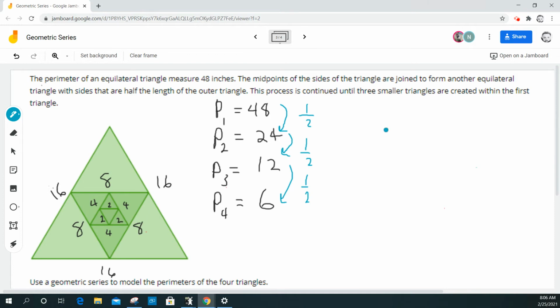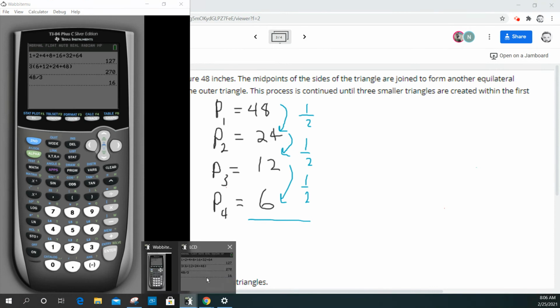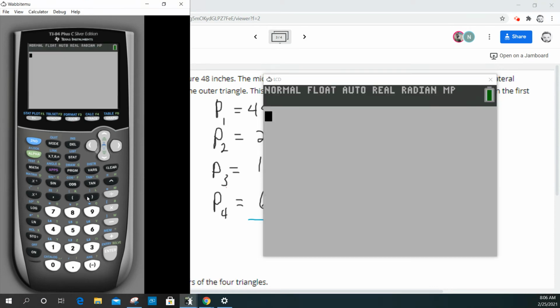So basically, we're just going to add all these up. So to find the perimeter of this, I am just going to say 48 plus 24 plus 12 plus 6, which is 90.